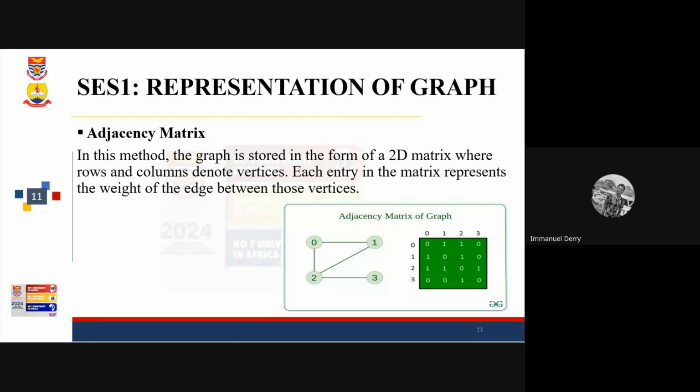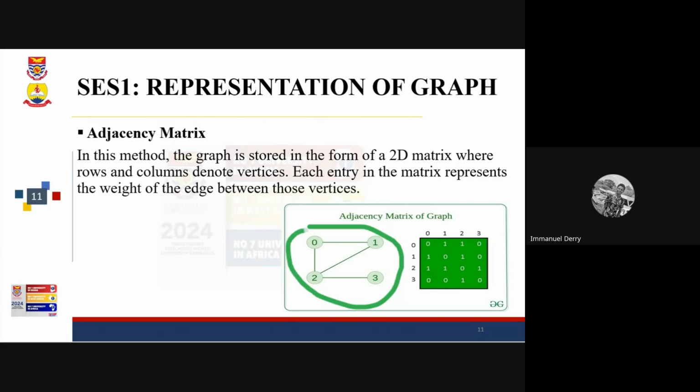All right, so it applies to every type of graph. This is not a complete graph, but we are able to build the adjacency matrix for it. You can be given a complete graph, a directed graph, a regular graph, any graph at all. You should be able to follow the same principle we just did to get an adjacency matrix.